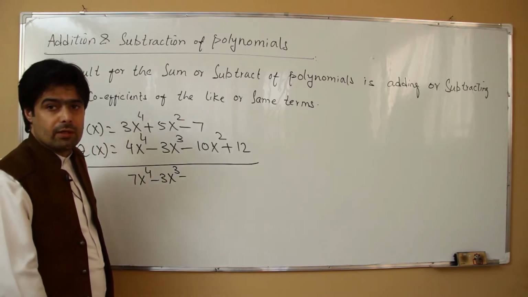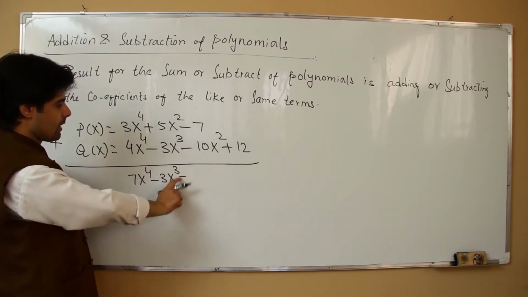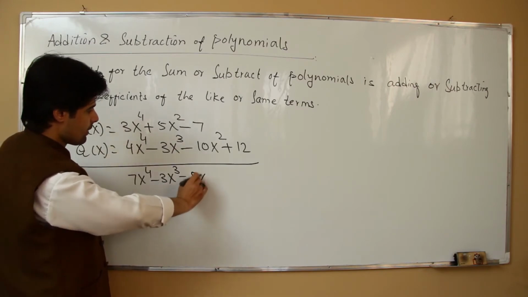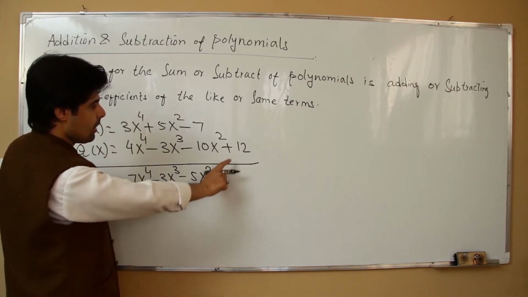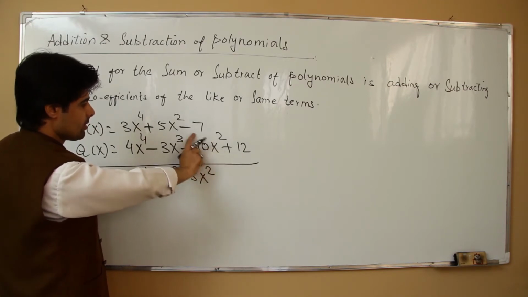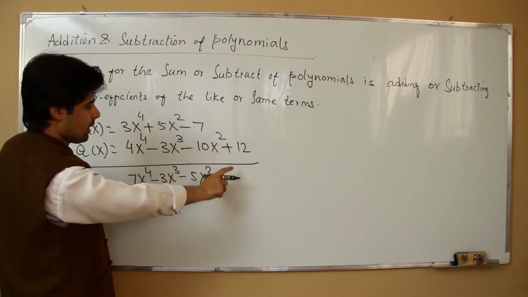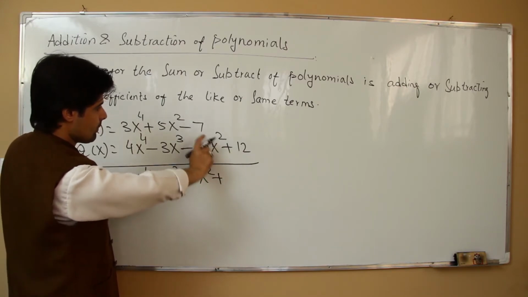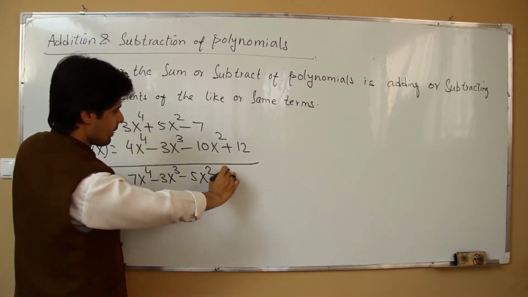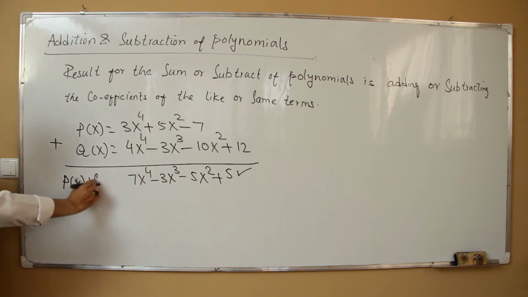If they have different signs, then subtract. Then minus 10 with 5, it is minus 5x squared, and plus 12 with minus 7, they have different signs. Which sign should I take? I think plus. Then 12 with 7, it is 5. This is the addition of P(x) with Q(x).